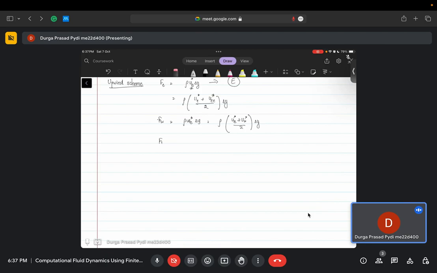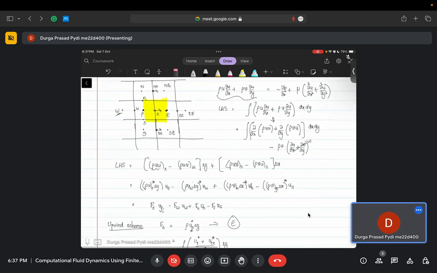So F north is rho, this is u, we'll have v star times delta x. For this north face centroid, how will I get the value there?